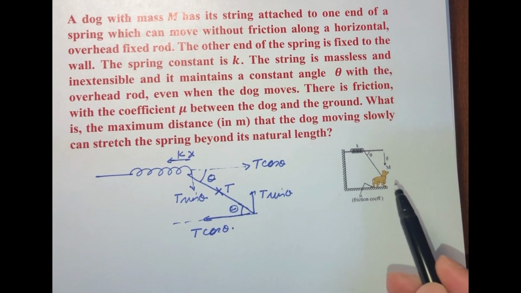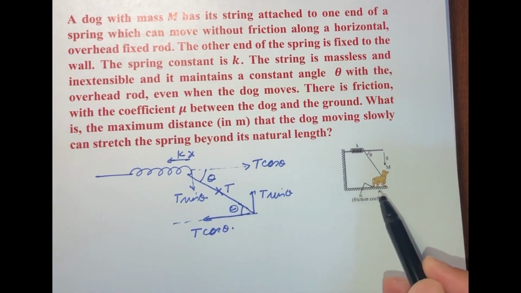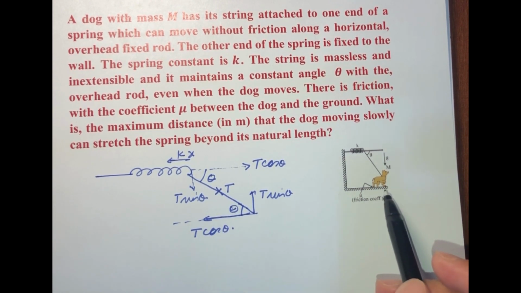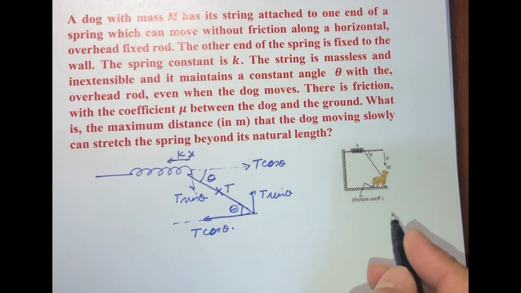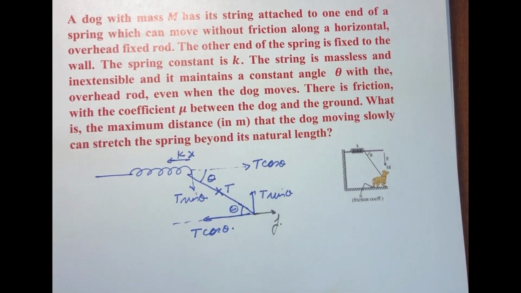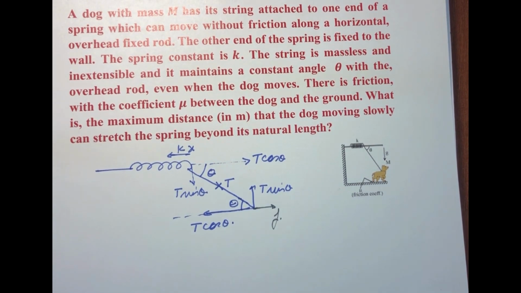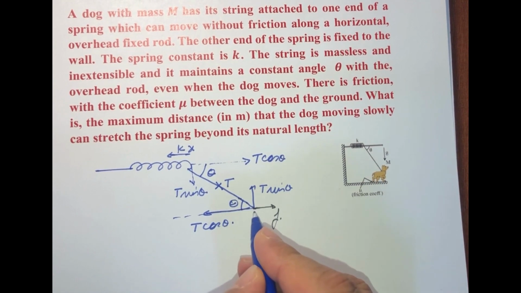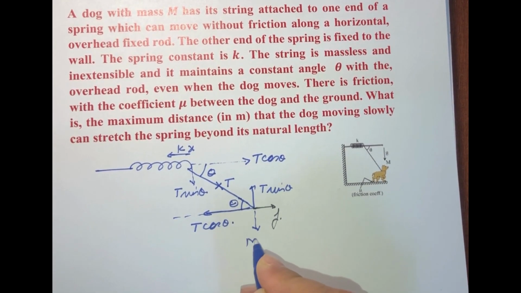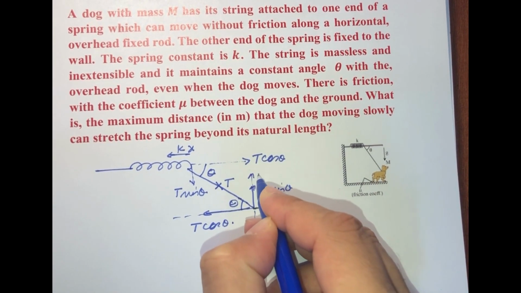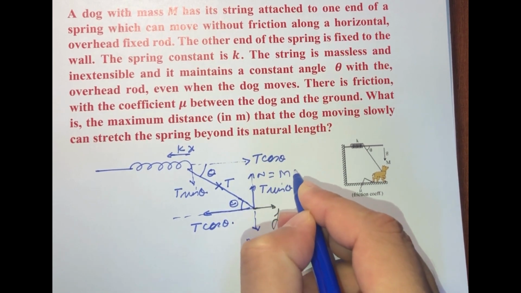And there is friction between the dog and the surface, which is given as F. The weight of the dog is mg in the downward direction, and there will be a normal force, let us suppose n, which will be equal to mg in the upward direction.